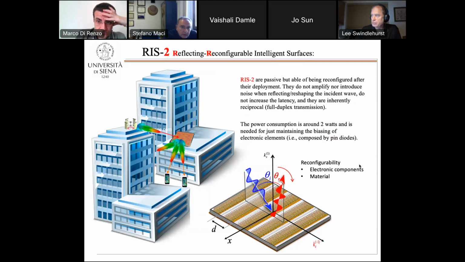So they work in two directions, from the base station to the user and vice versa. The power consumption is around a couple of watts and is needed just for maintaining the biasing of the electronic elements, in a scheme that was presented by Marco in the first introduction. And the reconfigurability could happen through electronic components, but even through materials.